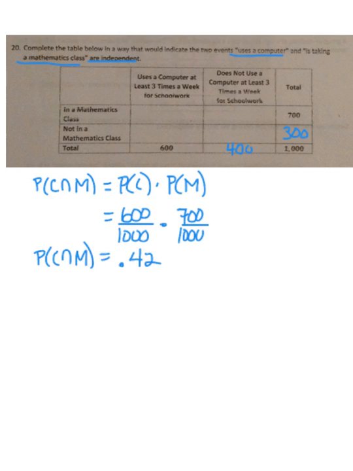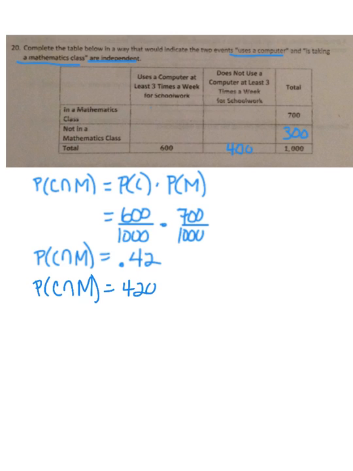Now if I want to put it back in terms of my 1,000 two-way table, I would just take this number, 0.42, and I would multiply it by 1,000, okay? So then, if I do that, then I know the probability of C and M, which is my overlap, would be 420 if I multiply by 1,000.